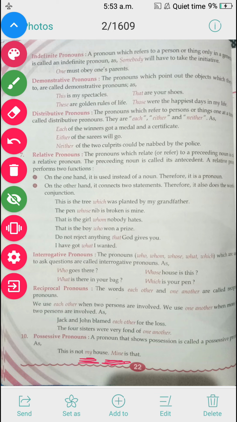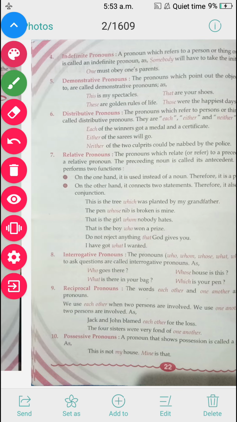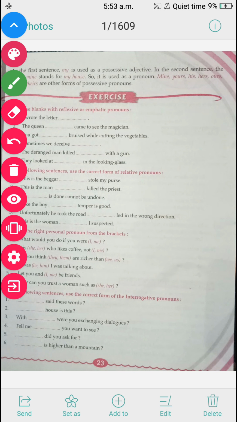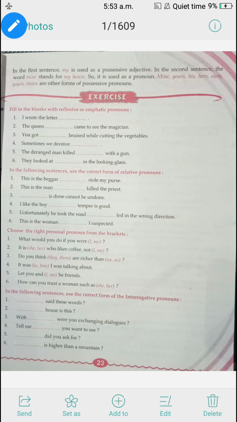Okay, students, just see the next part. In the first sentence, my is used as a possessive adjective. While in the second sentence, the word mine stands for my house. This is the possessive case.